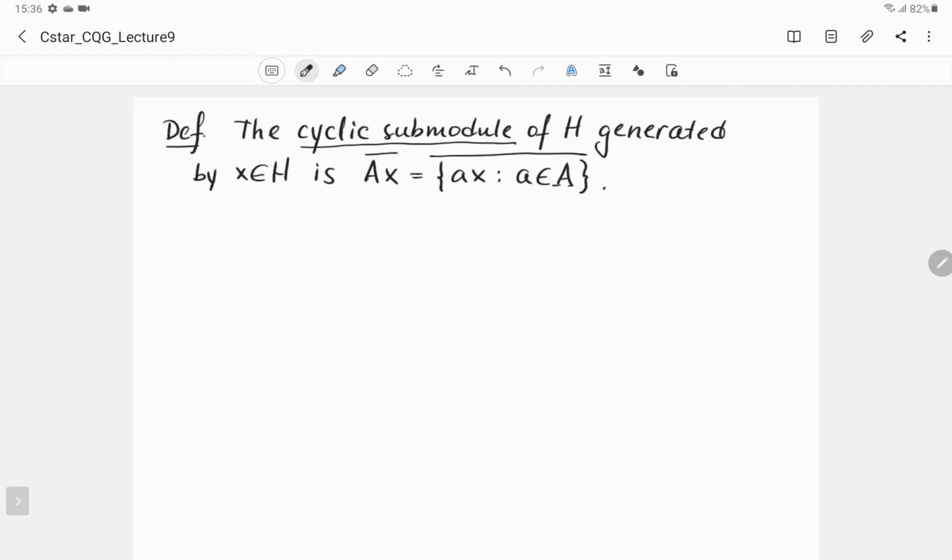So again, it's clear from this formula that this is a closed submodule of H. In general, I don't claim that the cyclic submodule generated by x contains x.